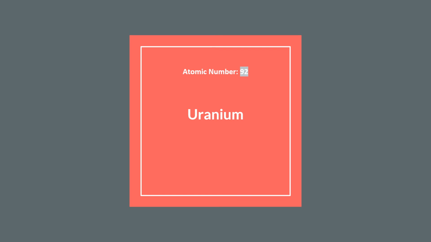Uranium, numbered 92, which is found on the bottom of the periodic table, U.